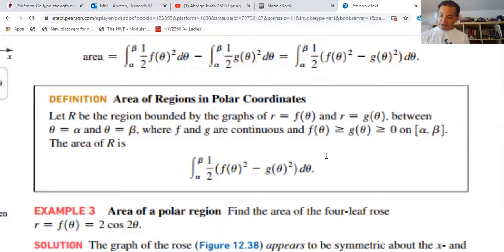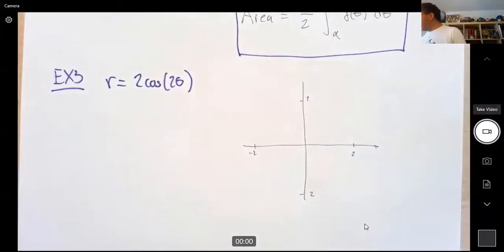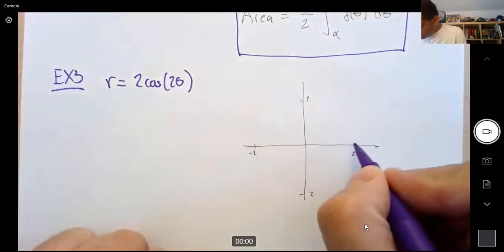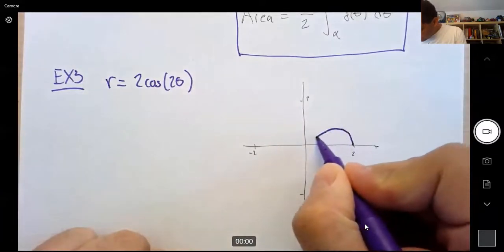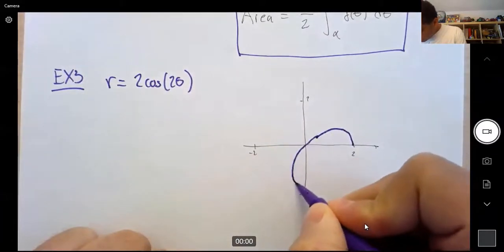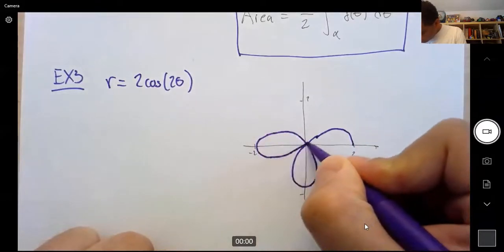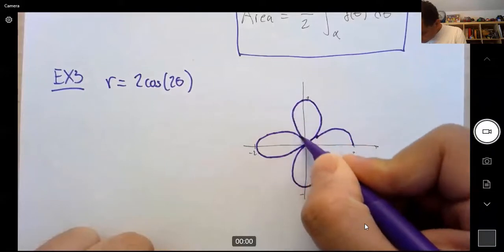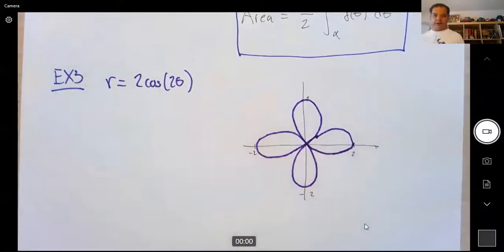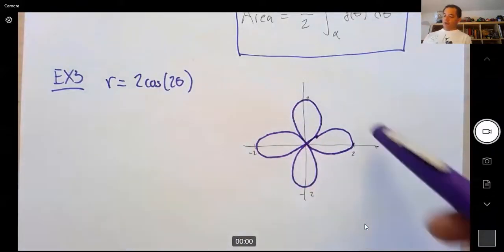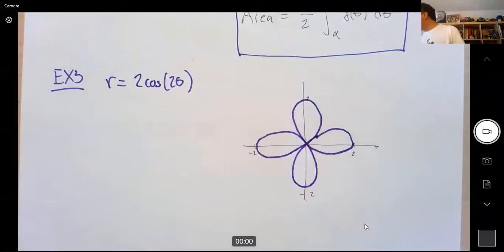If you remember, we did the graph of that one last time, or one very similar to it. So it looks like this. I sort of draw it the way it's supposed to go along.